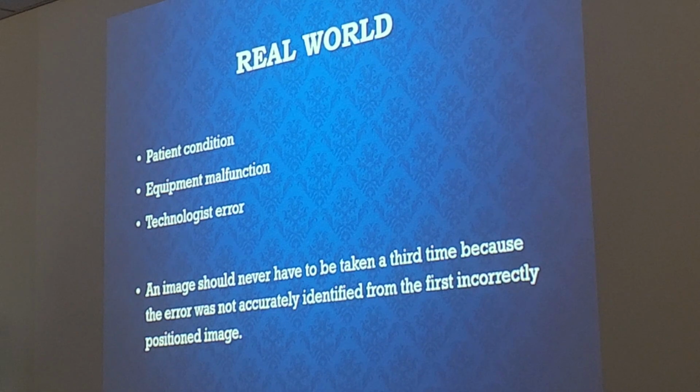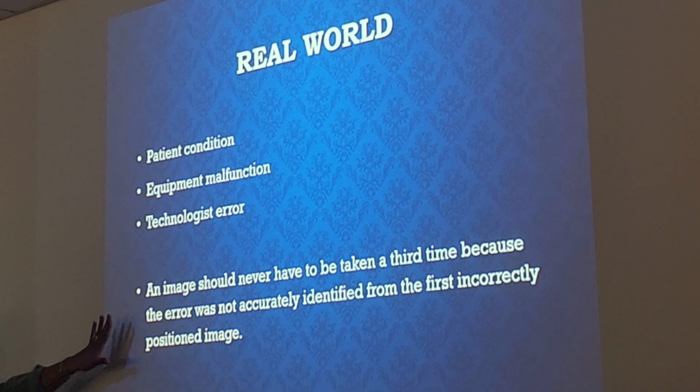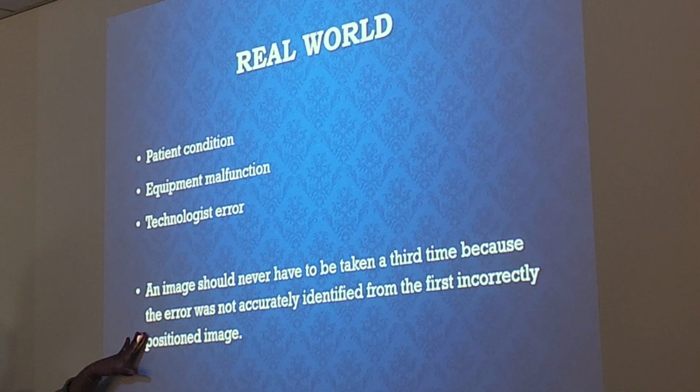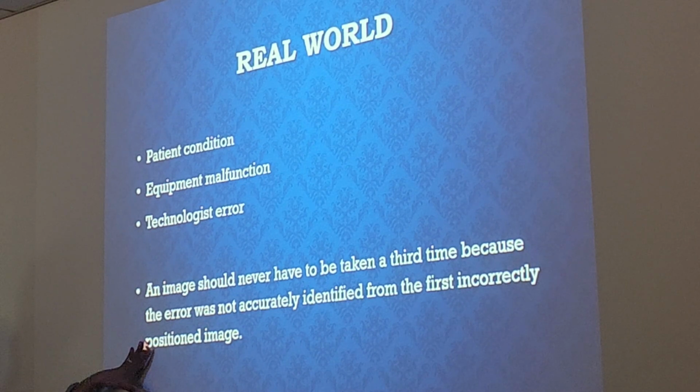Just send it like that, or have the patient remove the bra or necklace, whatever the case is, and then repeat it, right? So basically an image should never have to be taken a third time because we did not accurately identify what's wrong the first time.